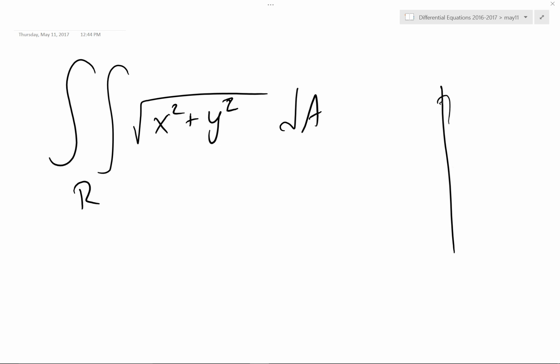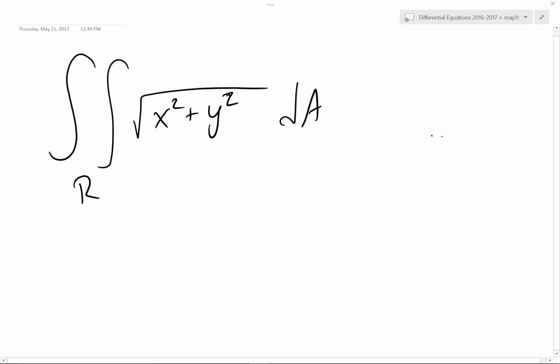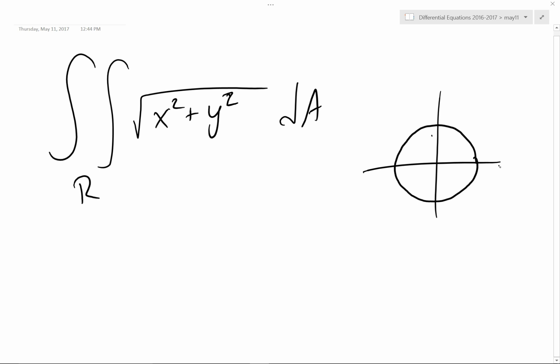Let me write it this way. My y's are bounded between, actually, let's do it this way. I'm going to draw the picture this way. That's my region, from 2 to 3.